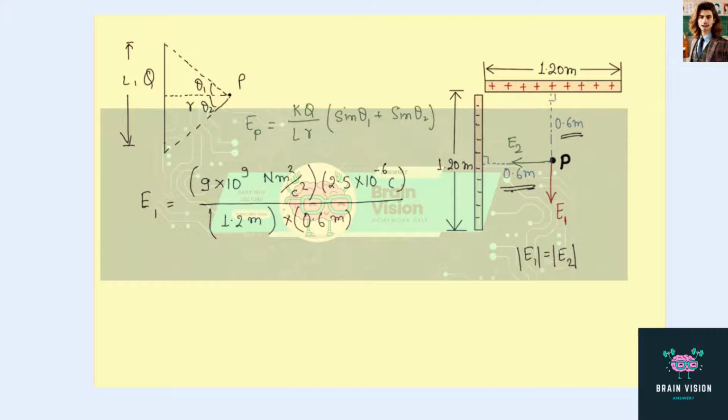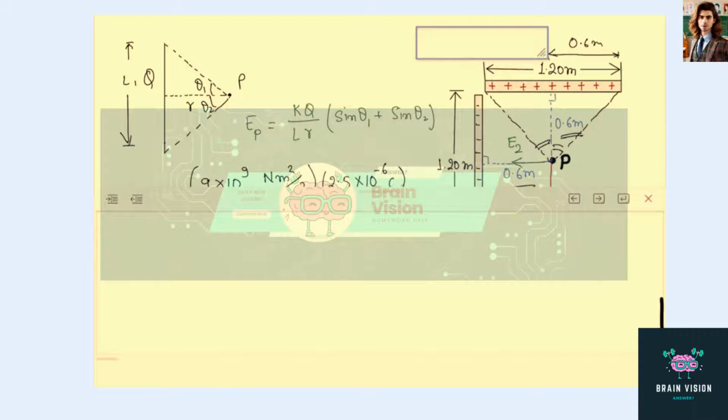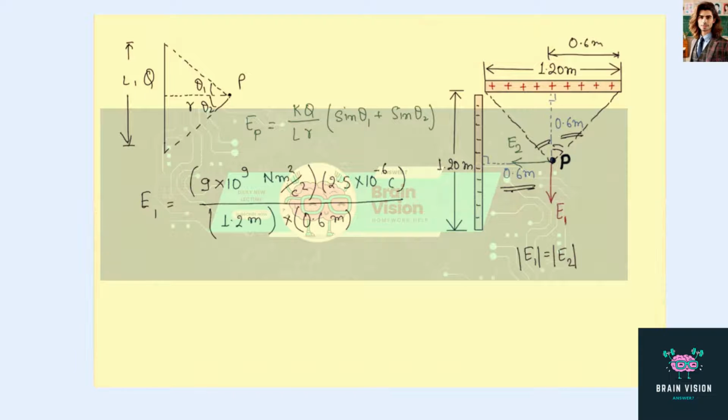How to get these values? For that, we will join the end points of the rod with the point P. This will be theta 1 and this will be theta 2. If we draw a perpendicular, it will divide the rod into two equal halves, so it will be 0.6 meter, and the second half again will be 0.6 meter.